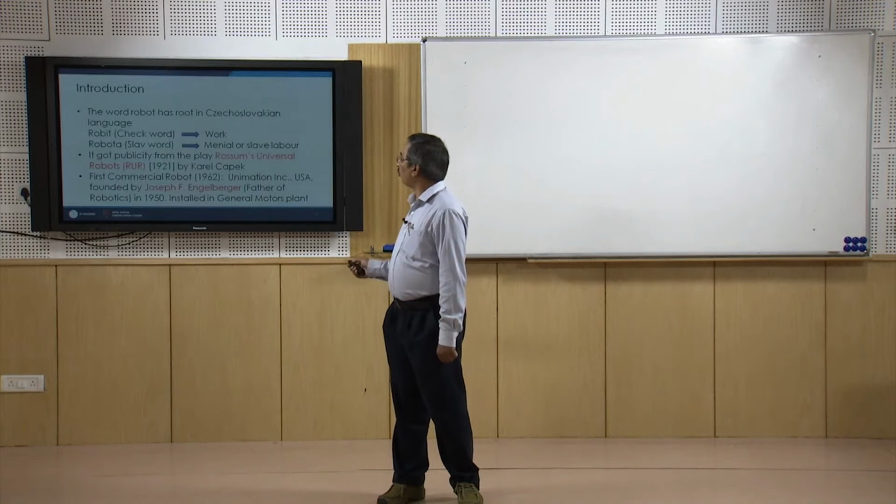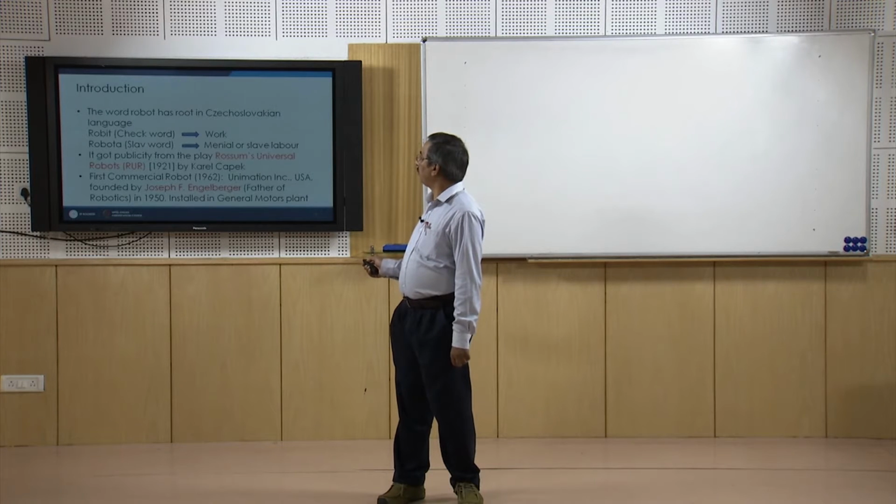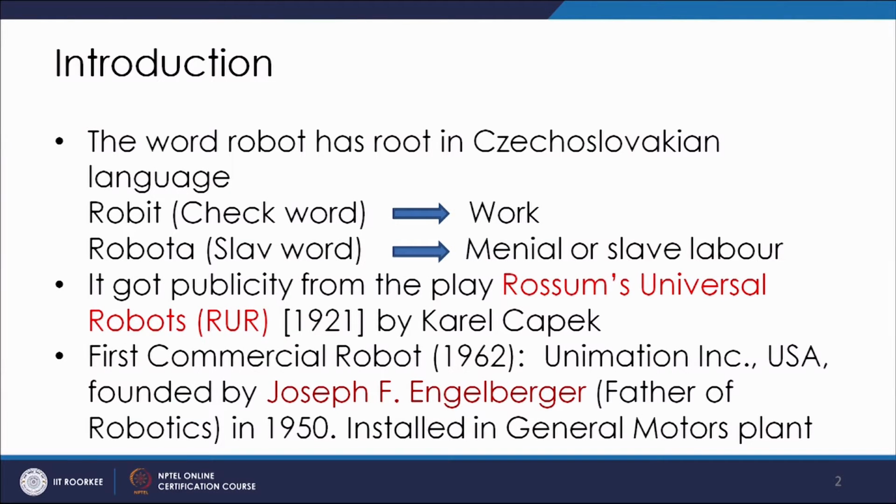The word robot has its root in the Czech language, where robota means work, and it is a word for menial or slave labor.